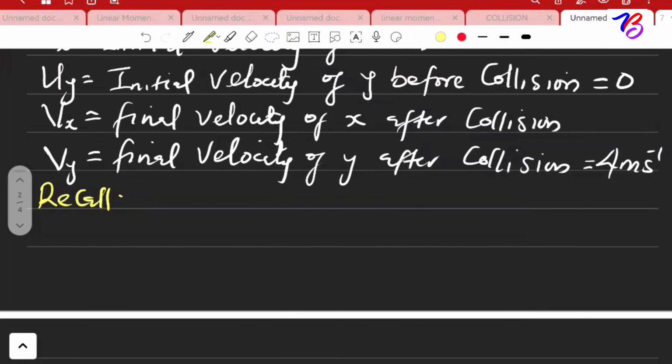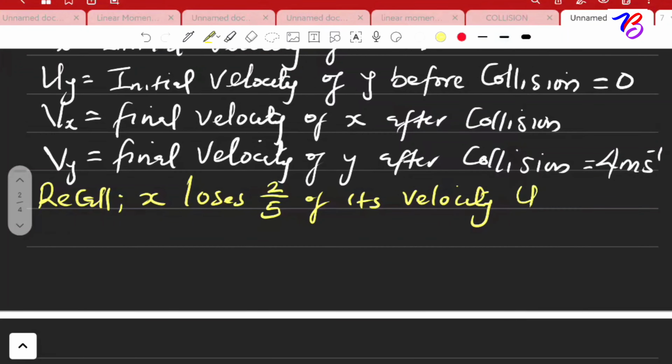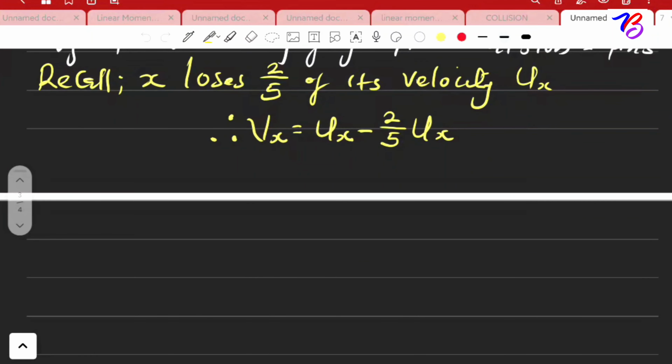Recall that x loses 2/5 of its velocity, which is u of x. Therefore, v of x will equal u of x minus 2/5 u of x. It loses 2/5 of its original velocity.